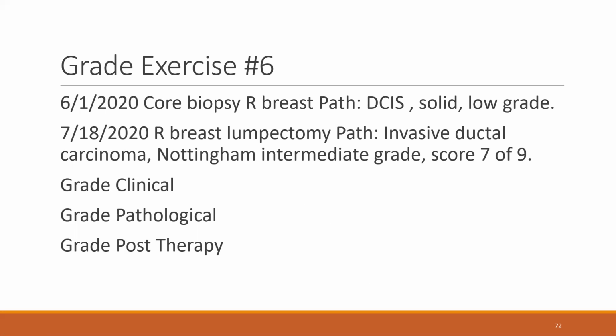Also remember that when you're coding the clinical grade, you are limited strictly to the clinical time frame. So on this case, the clinical information we have is that this is a DCIS low grade. So we have to code the clinical to that DCIS.